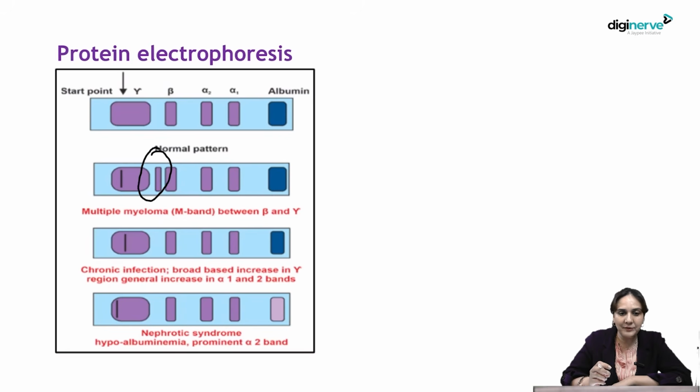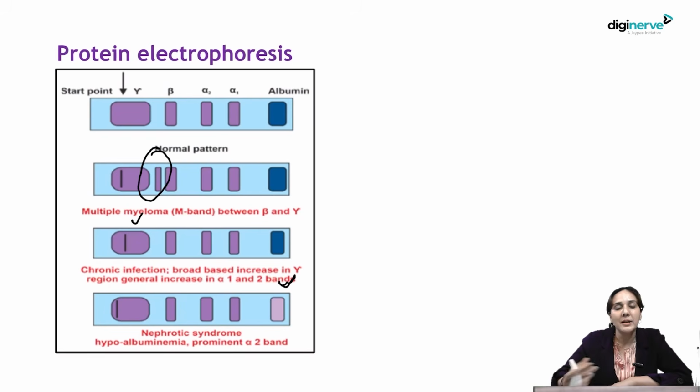Similarly, in chronic infections, there is increased production of immunoglobulin, so the gamma band is increased in size, and we can make a diagnosis of chronic infection. In nephrotic syndrome, there is hypoalbuminemia, a prominent alpha 2 band, and the albumin band is less prominent.